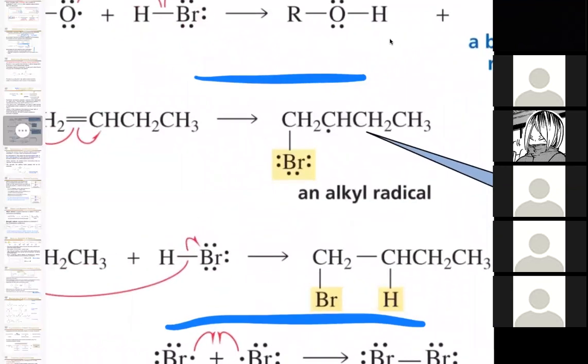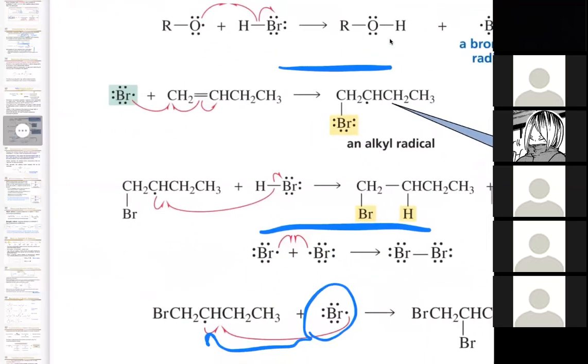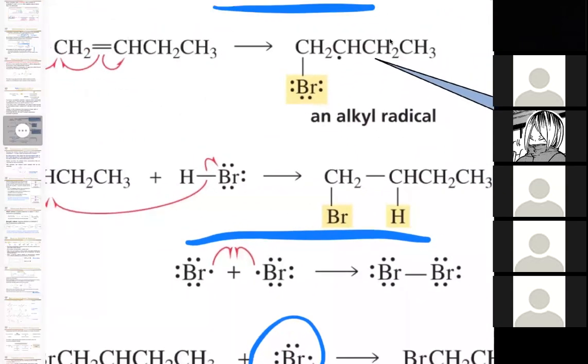That's why the bromine ends up on the primary carbon. It's coming in as an electrophile, attacking our double bond and generating the most stable intermediate. It's a carbocation in the other mechanism, and a radical in this mechanism. The secondary radical is more stable, and then hydrogen abstraction gives us our final product.